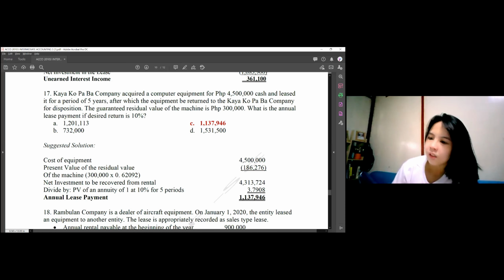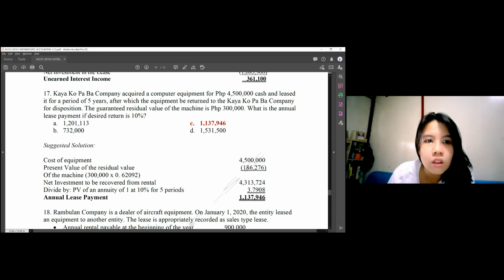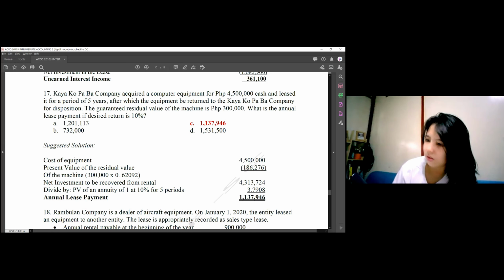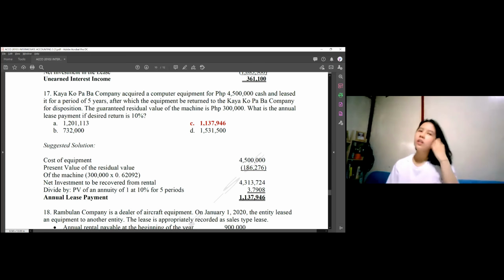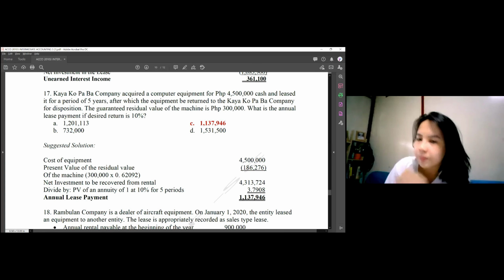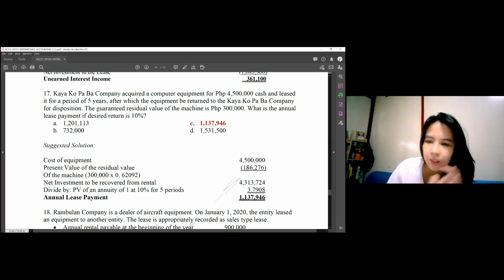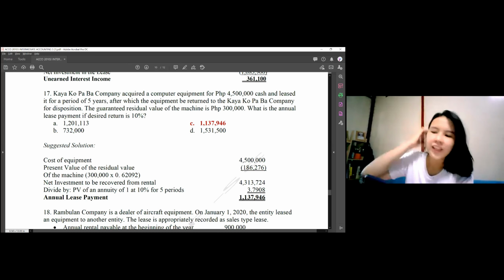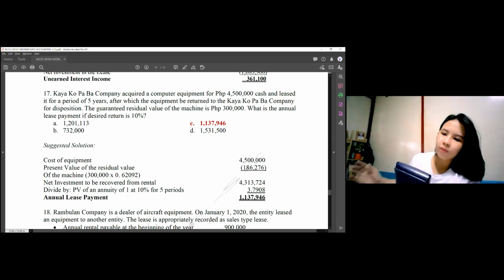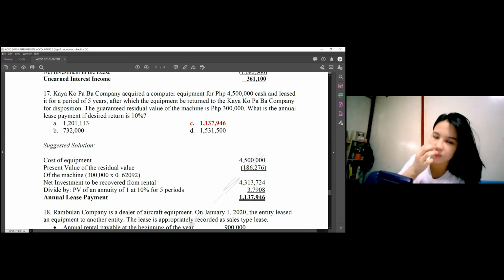Okay. So let's try 1.1 times negative 5. Ayun. So if you have a calculator right now, rather than multiply, raise 1 plus the interest rate to the negative power of the term, which is 5.